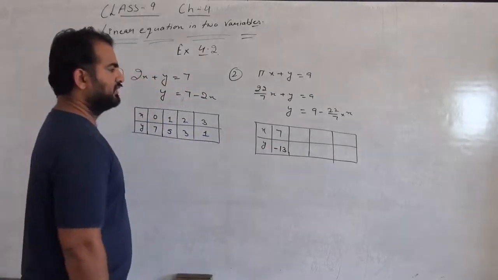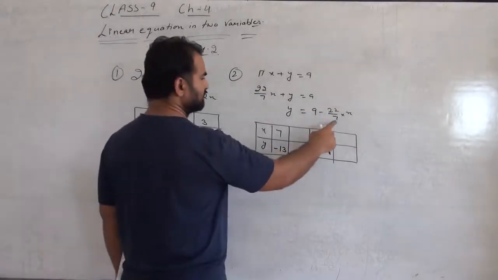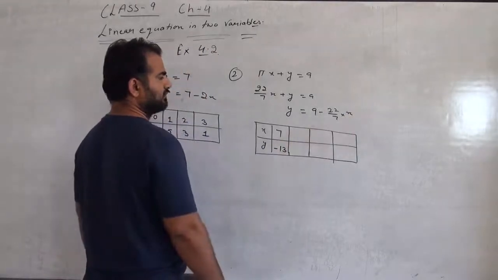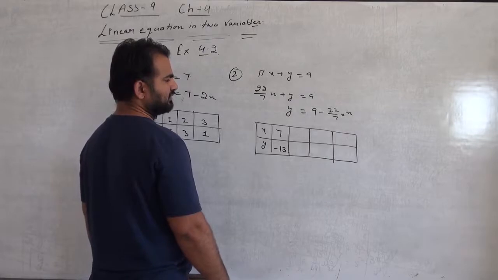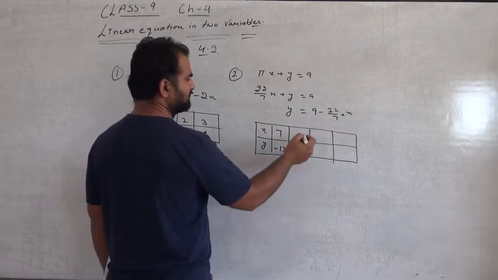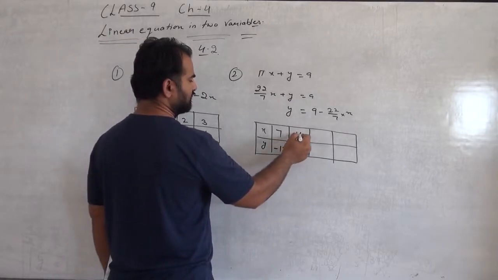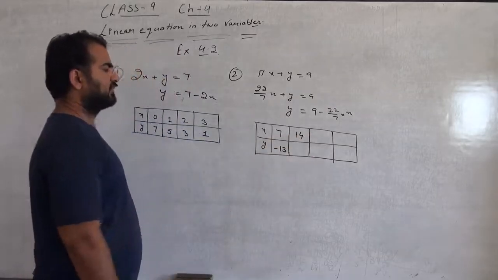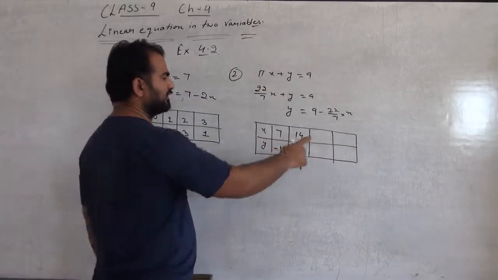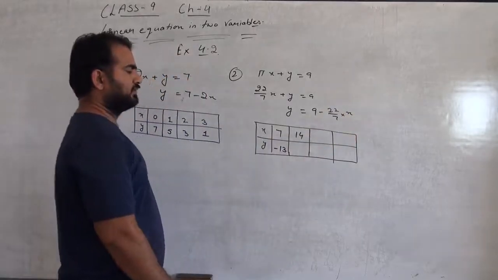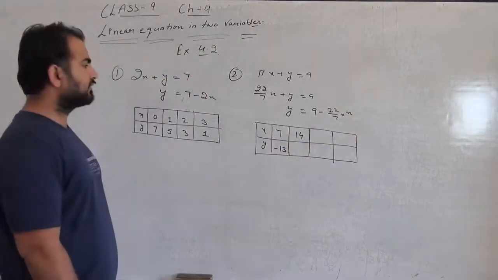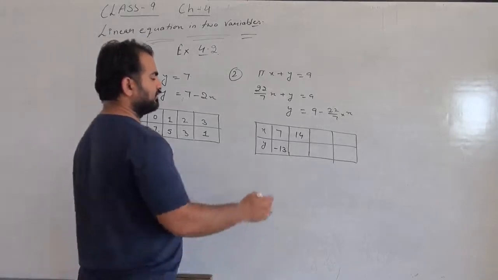Then x equals 14. So it will be 7 twos are 14, and 2 into 22 will be 44. And 9 minus 44 will be minus 35.